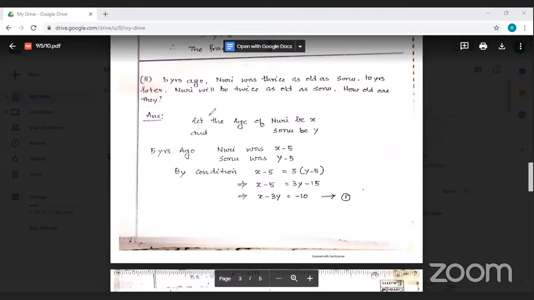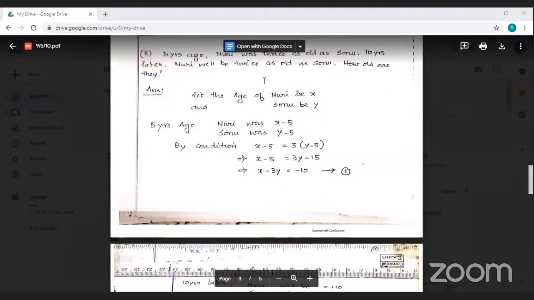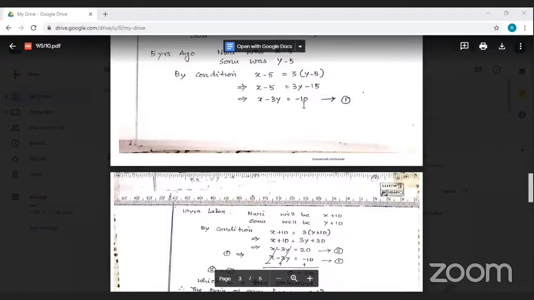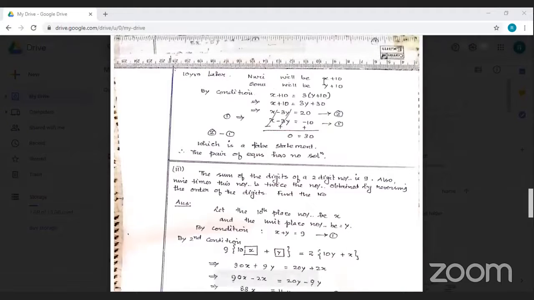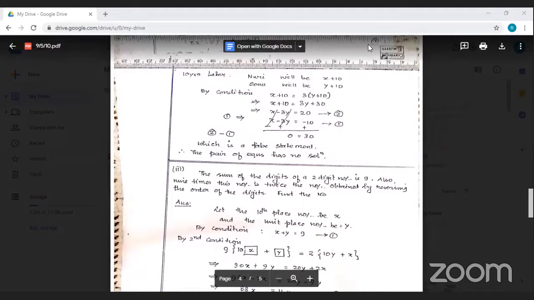Now take the second equation: 10 years later. What will happen 10 years later? Nuri will be twice as old as Sonu. Nuri will be X plus 10 and Sonu is Y plus 10.